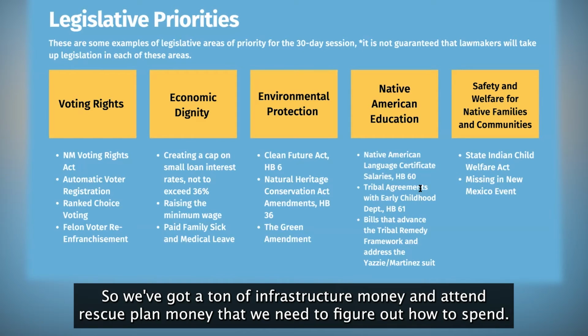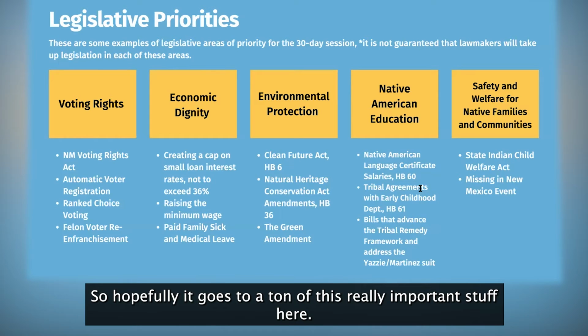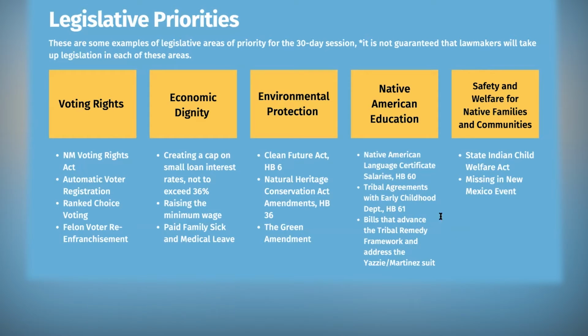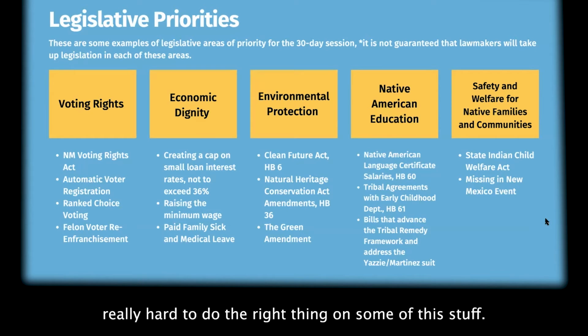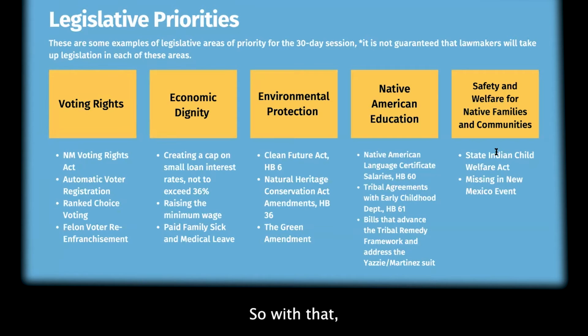So we've got a ton of infrastructure money and a ton of rescue plan money that we need to figure out how to spend. So hopefully it goes to a lot of this really important stuff, but that'll only happen if we push our legislature really hard to do the right thing. So with that, I think that is it for my part of the presentation.